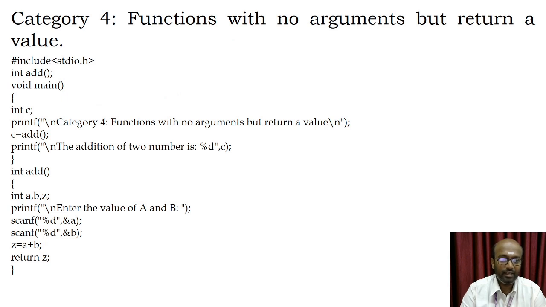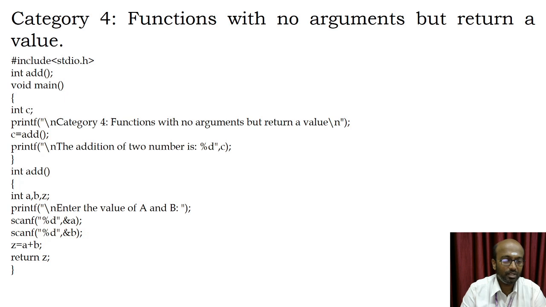The next category is category 4, function with no argument but a return value. Here the function has only a return type. Here it is int and it does not have any arguments being passed. In main, we have just called the function and the value returned by the function is stored in c.